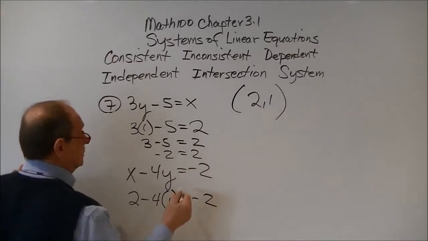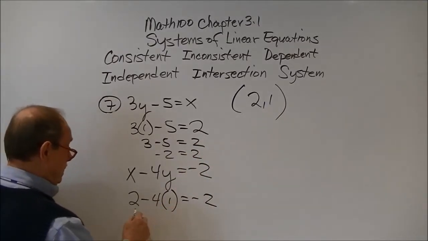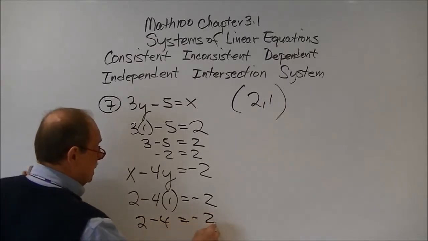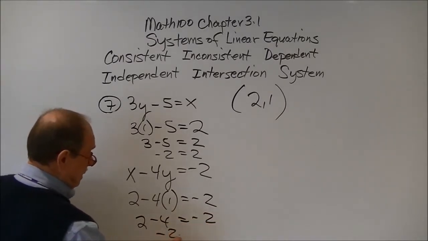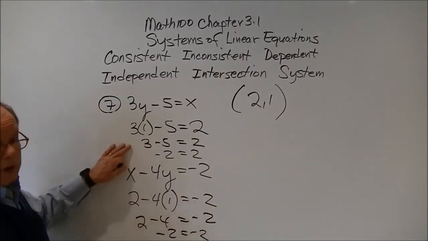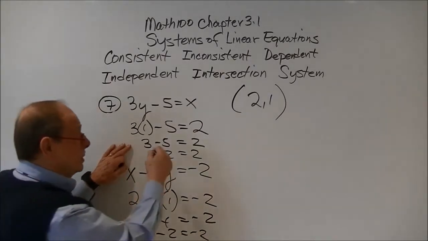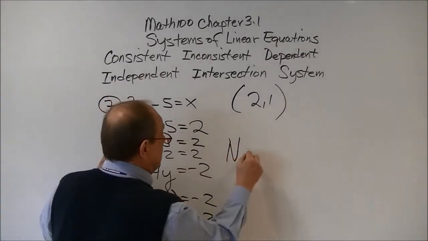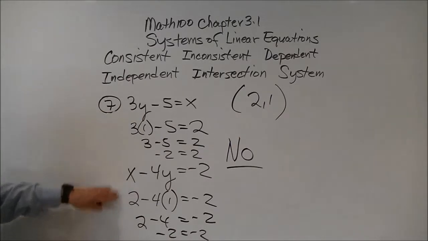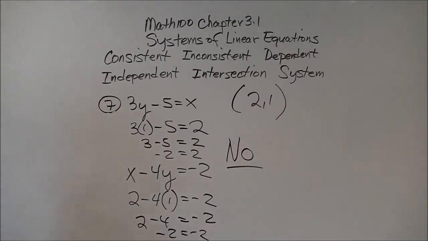Well, that's not true. And then here we have 2 minus 4 equals a negative 2. Negative 2 equals negative 2. Now, one of them is true, one of them is not true, so this is not a common point. So the answer is no. That is not a solution for this system of equations.